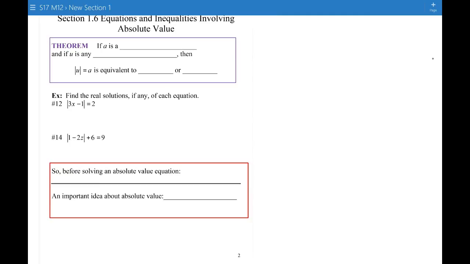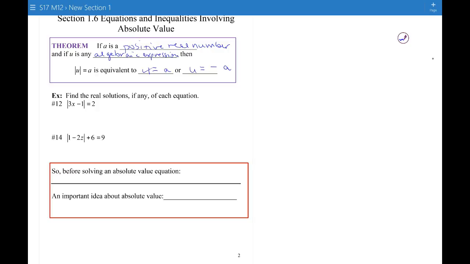Okay, so we have a theorem we can work with here that says if a is a positive real number, so imagine in your mind the right side of the number line, a is a positive real number, and u is any algebraic expression, then the absolute value of u equals a is equivalent to saying either u equals a or u equals the opposite of a.